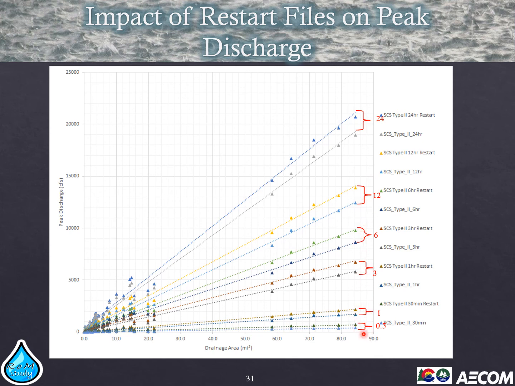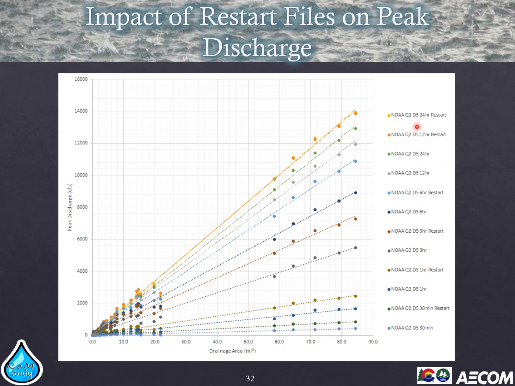And again, the larger the drainage area, the greater the relative impact, whereas when we get into some of these smaller ones, they're pretty much sitting on top of each other, just because there's really no or very little natural storage in order to consume it. And before we switch slides, take note of the scale here. We're at about 20,000, and we're going to look at the NOAA quartile 2 decile 5 next.